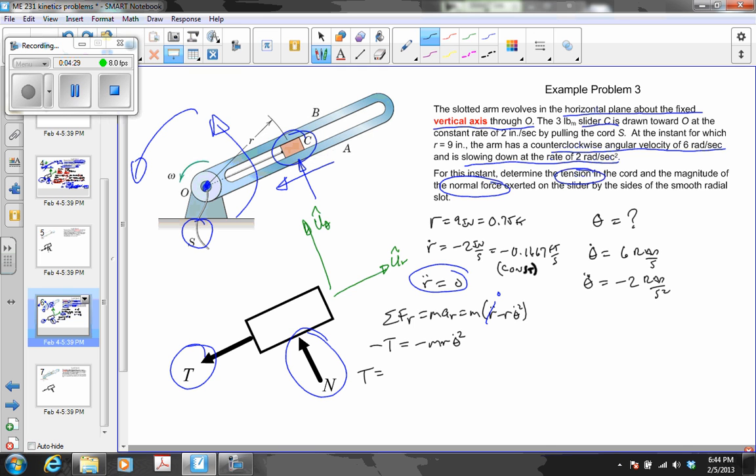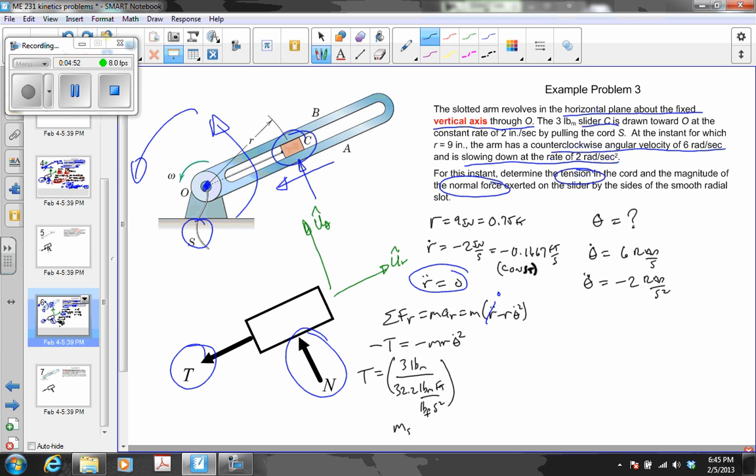So T is equal to m. Here's another important lesson: I need the mass in slugs. So that'll be 3 pounds mass divided by this g sub c, 32.2 pound mass feet per pound of force second squared.